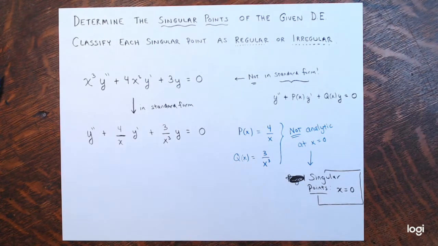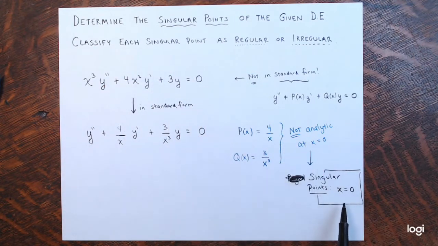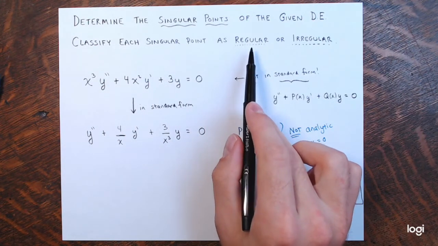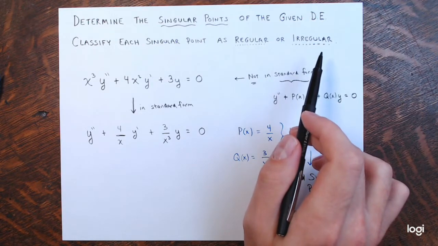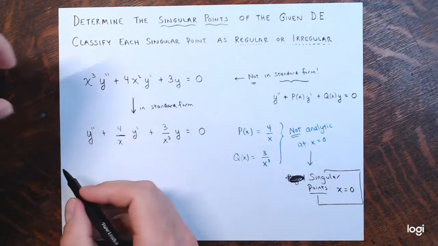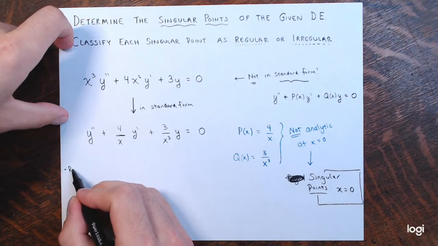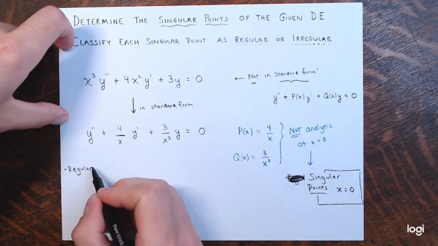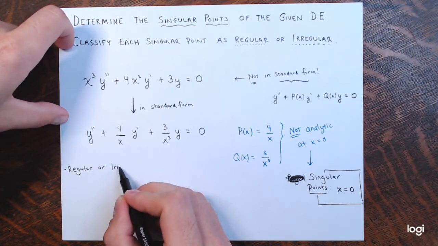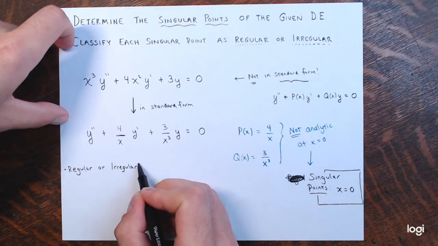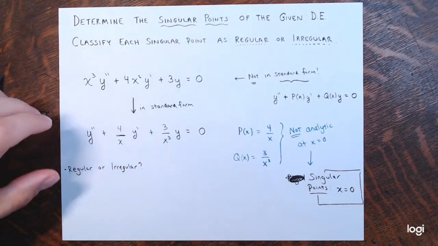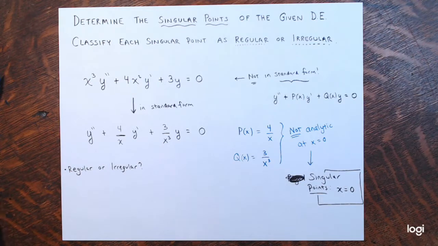And now we're going to see if x equals 0 is a regular singular point or an irregular singular point. So now comes that question, right? Is it regular or irregular? All right, so what I'm going to do is, like in the page from that text I showed you, form these two functions.